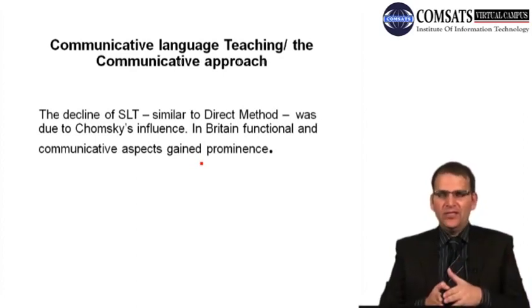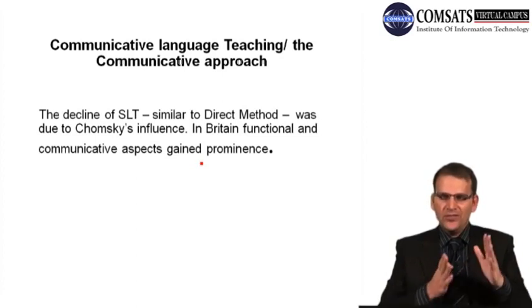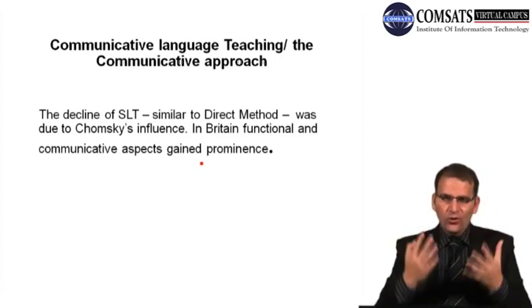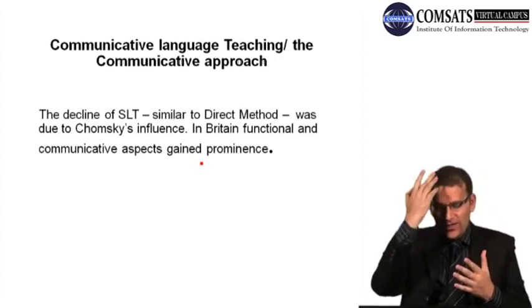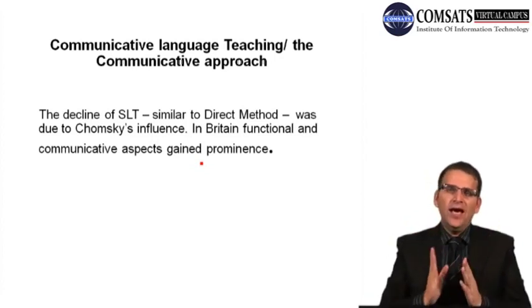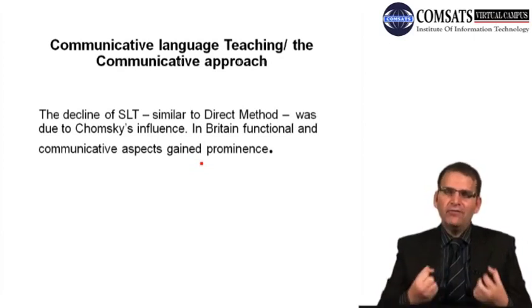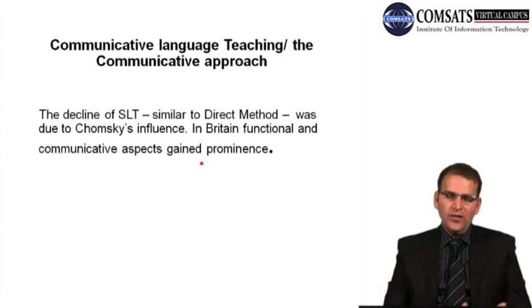But after that, we see that there was a shift from those structures to cognition. Cognitive, of course, you have the hemispheres, the left hemisphere and the right hemisphere. And what happens? Yeah, so this was the view, in fact, and from that, what you see in Britain is that the functional and communicative aspects of the language became more prominent, because language, in fact, is for communication.